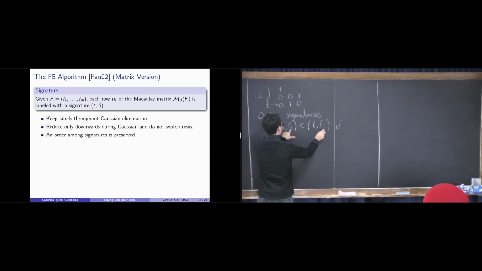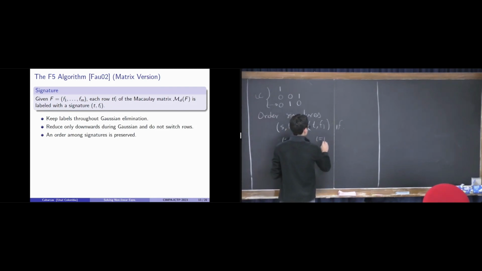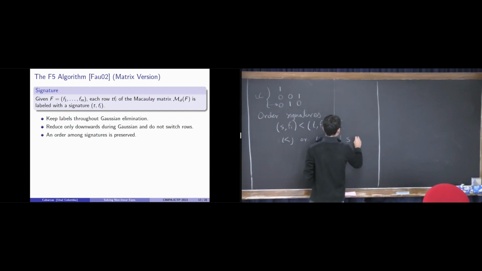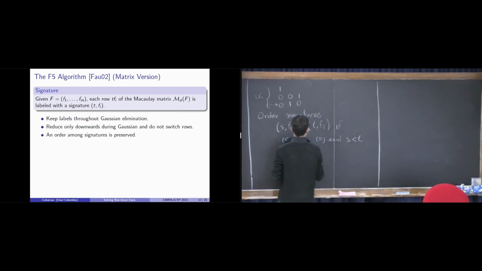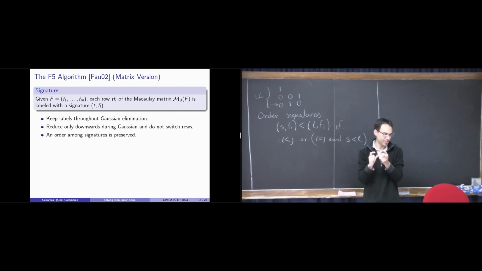When I'm talking about position, it is the position in the CCG. So it's if i is less than j, or i is equal to j and S is less than T. Position first, and then the order by the order of the monomials, the order in the ring.